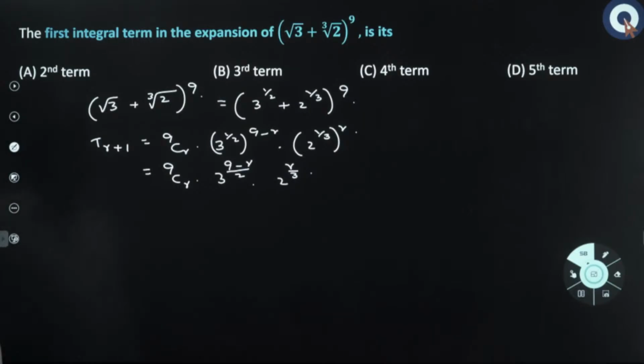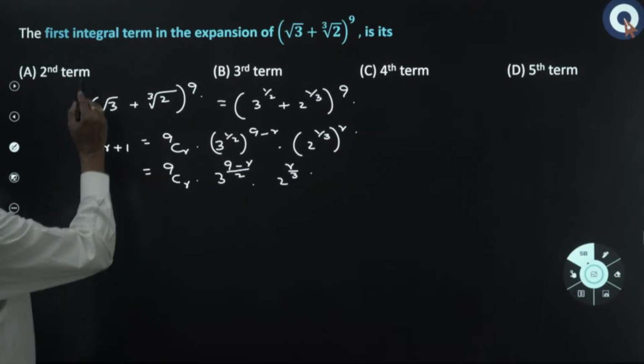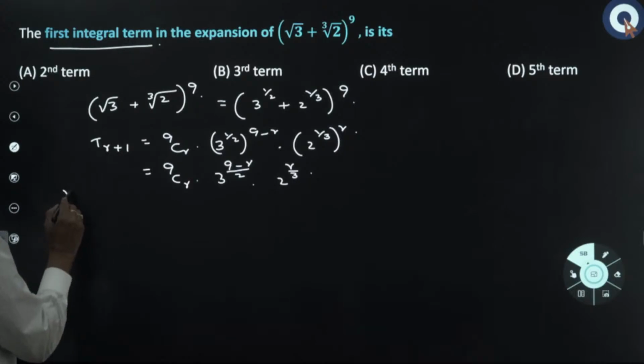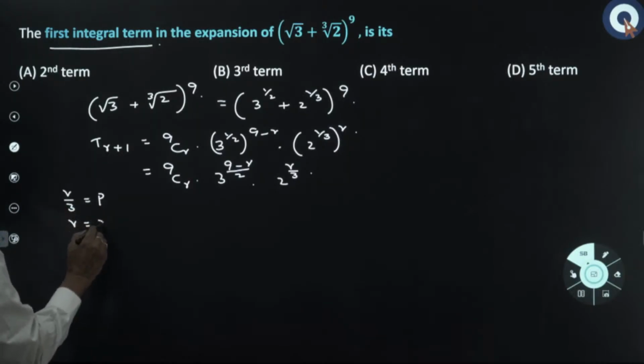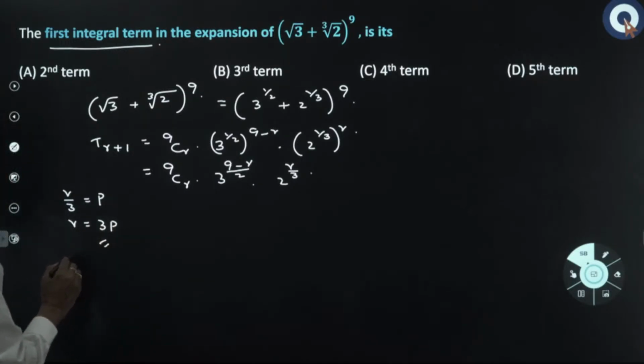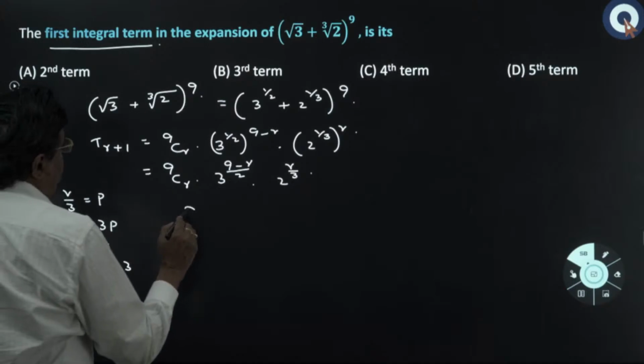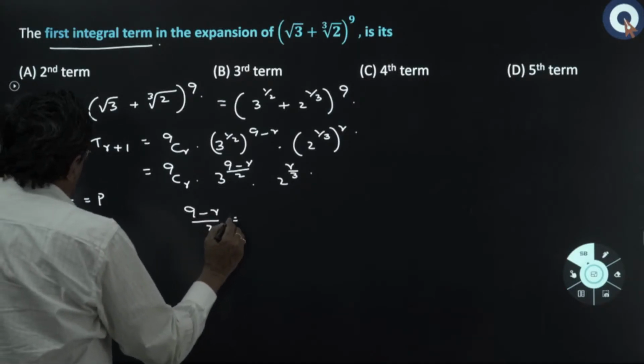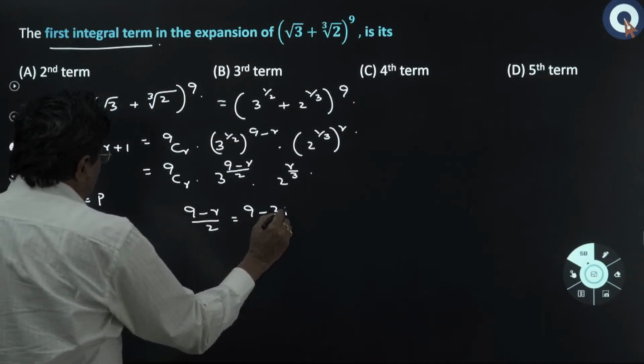Therefore, now r/3, if it has to be an integer, r/3 = p, so r = 3p. For this, p takes values 0, 1, 2, 3, so r = 9 is the maximum. So (9 - r)/2 is (9 - 3p)/2.